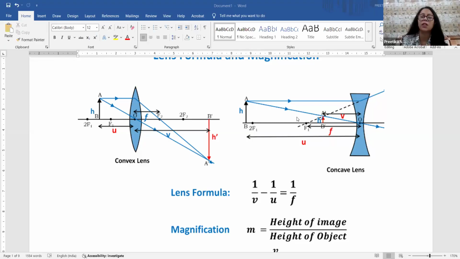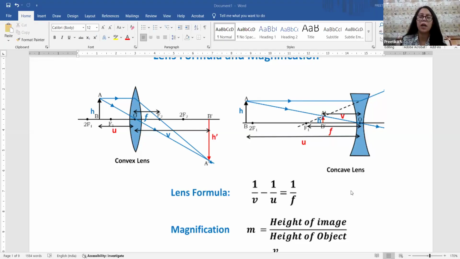The moment I won't be getting the revert out of you, I'll just simply remove you because there is no point of sitting in the class unnecessarily. Okay. Manmeet, you tell me what U stands for, better? Ma'am, U stands for object distance. Perfect. Vidhi, what F stands for? Focal length. All right.